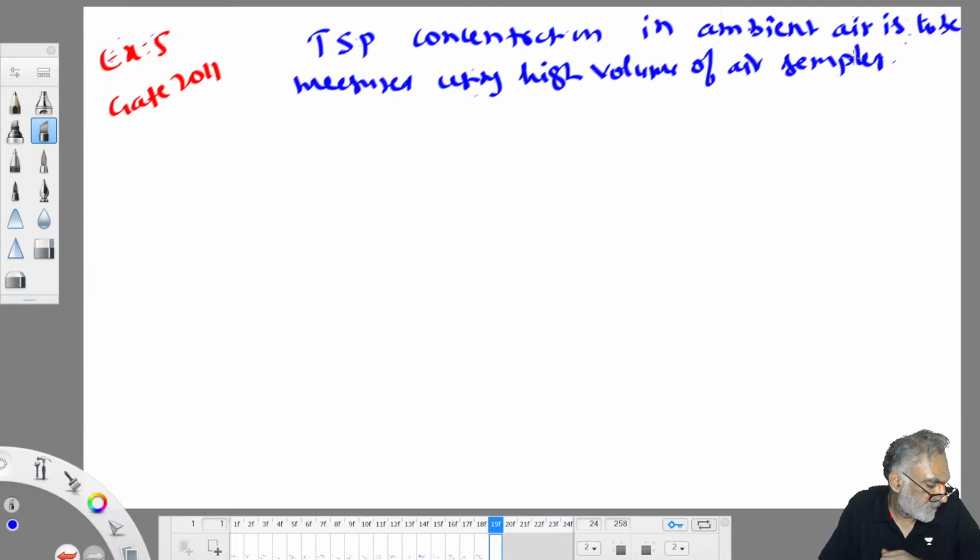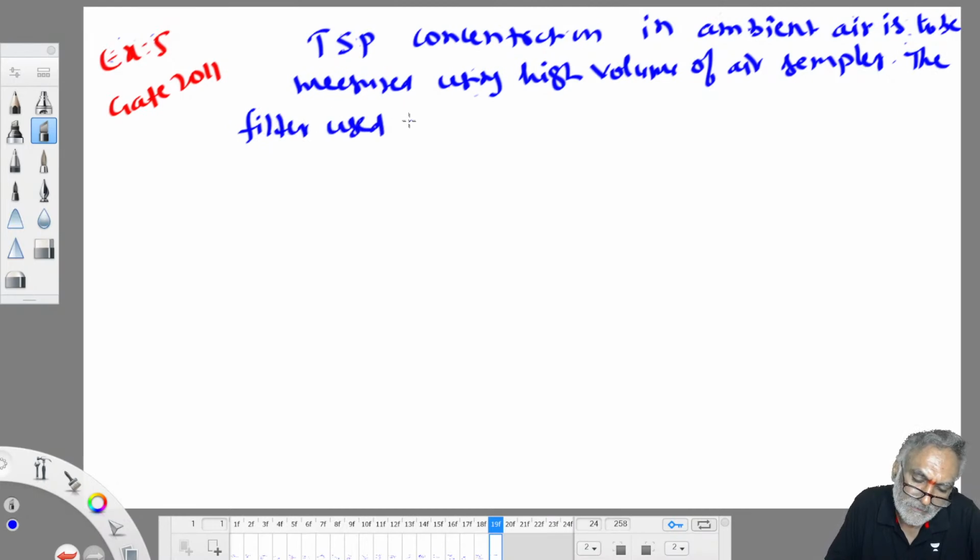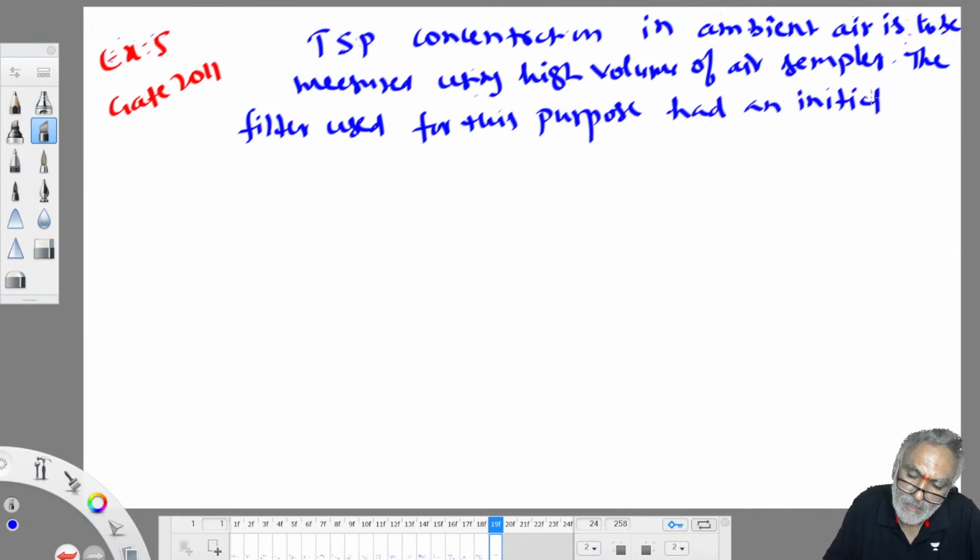The filter used for this purpose had an initial dry weight of 9.787 grams.